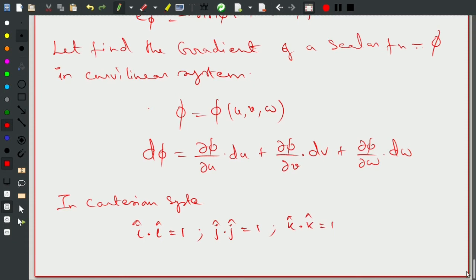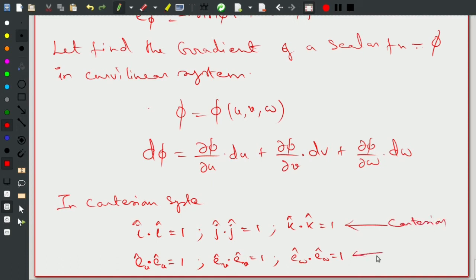Similarly, in the orthogonal curvilinear system, e u cap is a unit vector, so e u cap dotted with e u cap equals 1, e v cap dotted with e v cap equals 1, and e w cap dotted with e w cap equals 1. This is the orthogonality property.